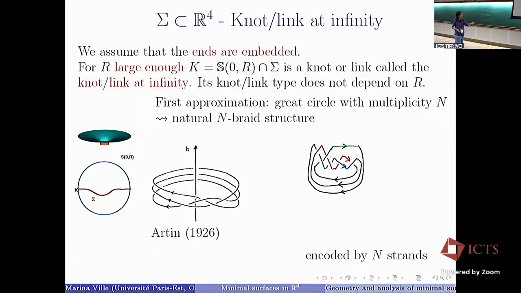It's a different braid, but I don't know if you can see that here, there are colored things and black things. If you forget the black lines, you have these three colored strands.